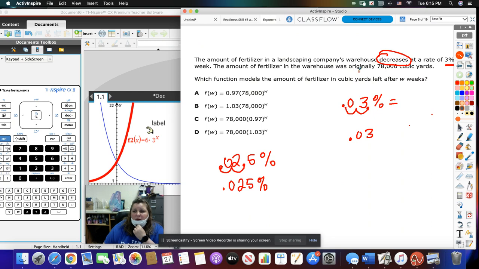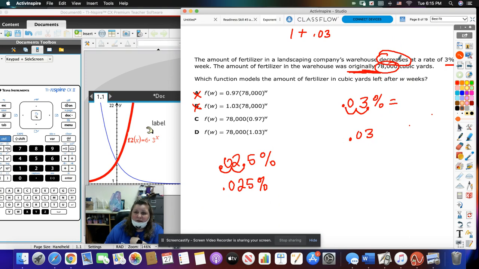Next, originally or initially at the beginning, it was 78,000. So when I go down here, my y-intercept, my initial value, is the number in front of the parenthesis. So these two are backwards, and you can see that. It's got to be one of these two. Now, my percentage rate was 0.03. If this was increasing, it would be 1 plus 0.03.